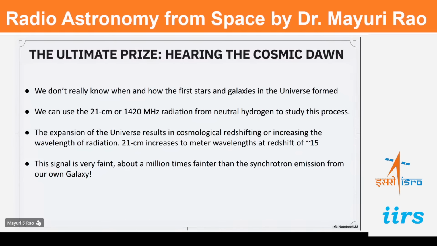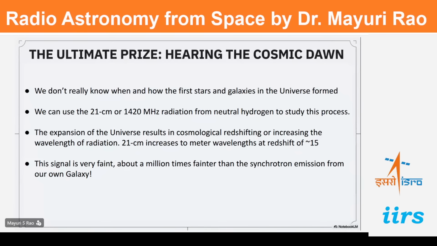How did the first stars and galaxies form? How did they evolve? What kind of radiation did they emit? All of that is a missing piece of the puzzle, and the only way we can study this process is to use the 21 centimeter or the 1420 megahertz radiation from neutral hydrogen. We can understand how the hydrogen content of the universe evolves as a function of time, and what we call time in cosmology, we express as redshift. The higher the redshift, the further back in time we are looking, so the younger the universe is.